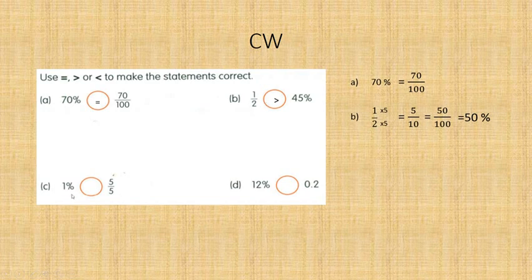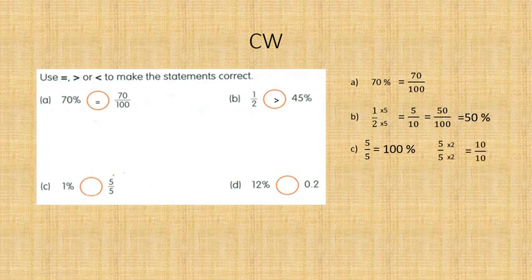Okay, let's go for question number C. It's a little bit tricky. Here it's 1%, and here it's 5 over 5. So let me tell you something important. Here, the 5 over 5 means 100%. What? How? If you simplify that, it's 1. So let's think about it. Here, 5 over 5, if I multiply it by 2 up and 2 down, it's going to be 10 over 10.